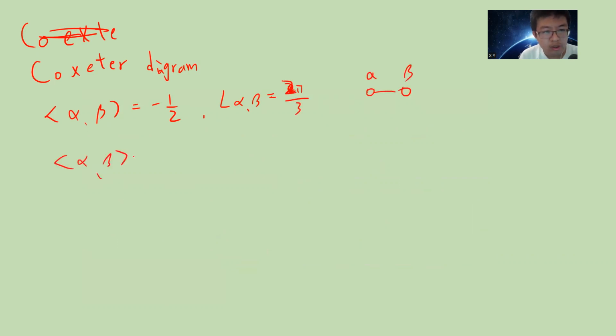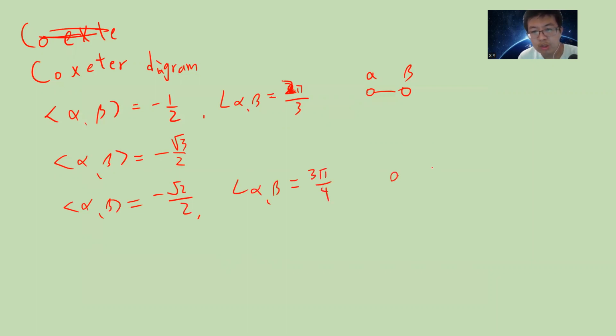And if the angle is 3 pi divided by 4, we will draw alpha and beta like this. Sometimes we draw an arrow like this. This direction means that alpha has a length of square root of 2 times beta.